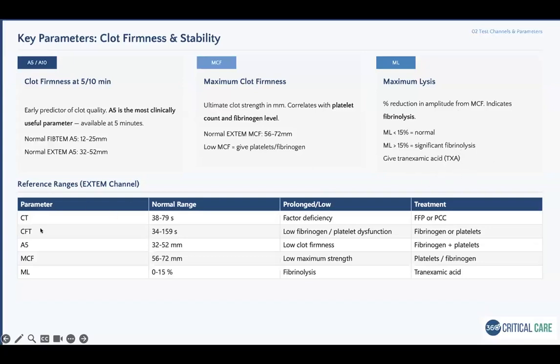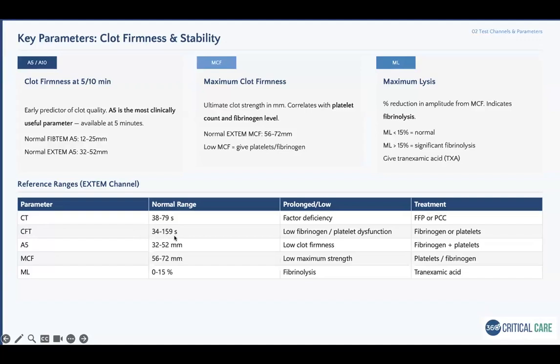Okay. So these are the usual reference numbers for the ROTEM, where you look at the clotting time, normal in the EXTEM channel, as this is a screening channel we said. So clotting time 38 to 79 normal. If it is high, then there is a factor deficiency. Clot formation time is 34 to 159 seconds.